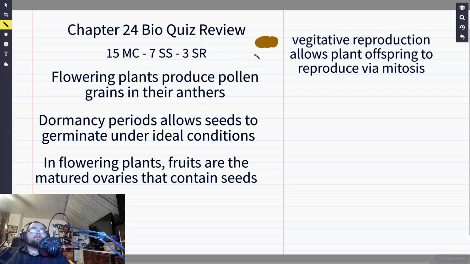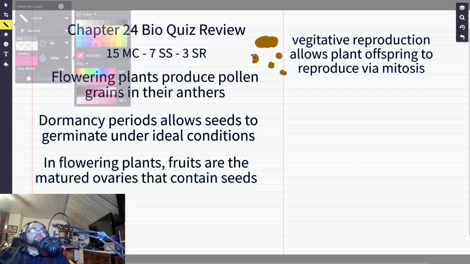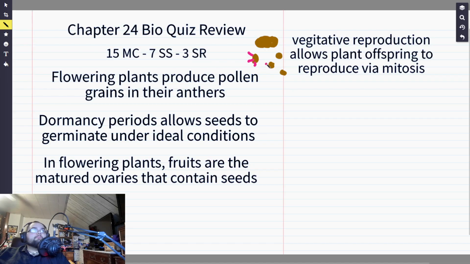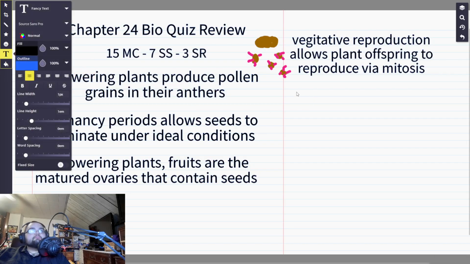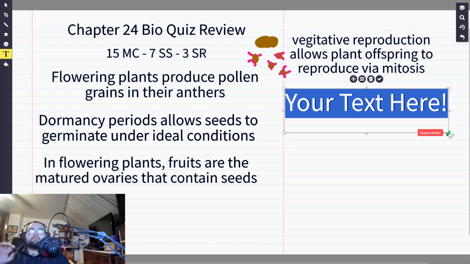And we cut this potato into pieces based off their eyes. So this is vegetative reproduction. These little chunks are able to undergo mitosis, and the mitosis is allowing it to root and grow into new potato plants. It takes one cell and duplicates. That's mitosis. That makes sense to you guys. So that's what vegetative reproduction means. It can reproduce via mitosis.